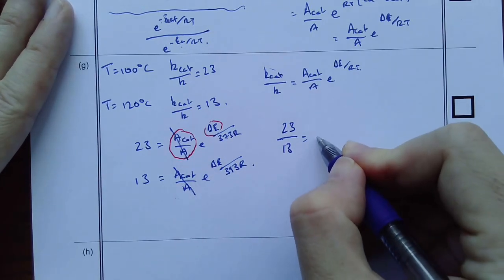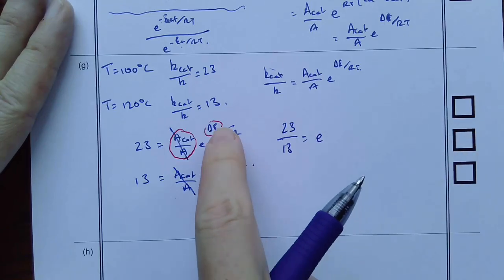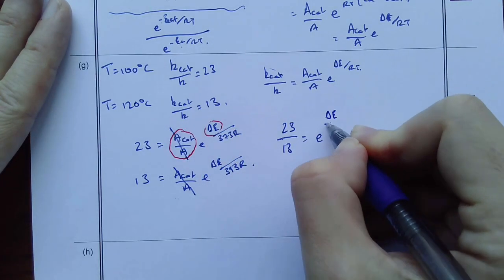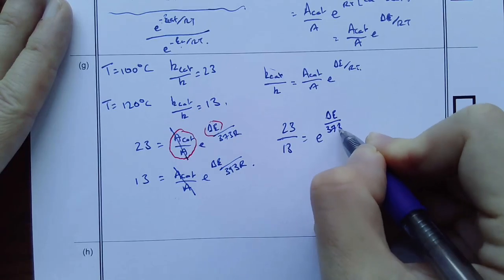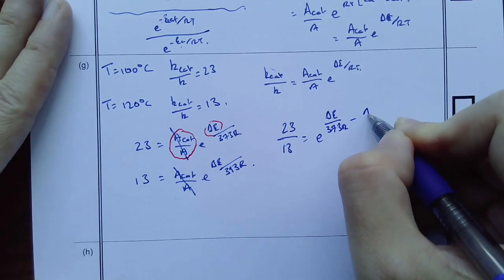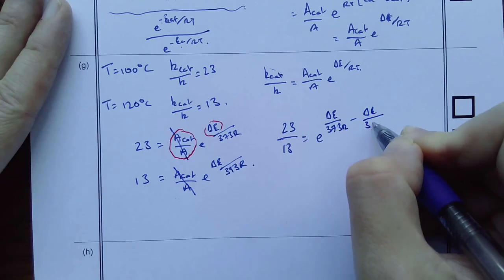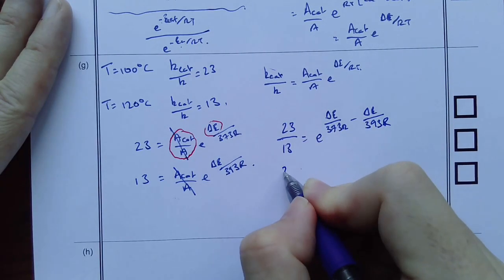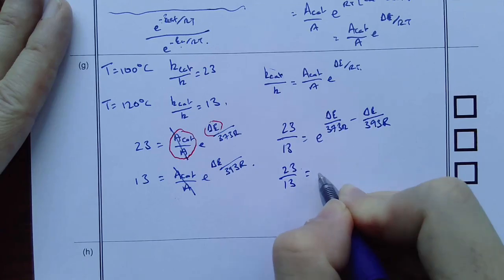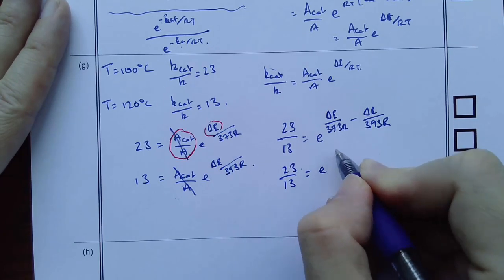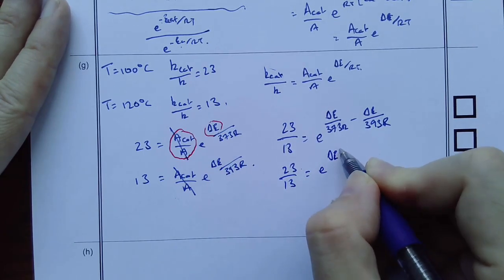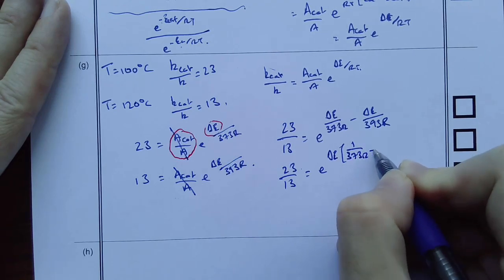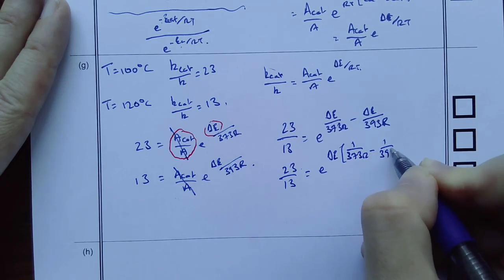And then I get e, and I do this exponent minus this exponent. So it's going to be delta E over 373R minus delta E over 393R. In other words, 23 over 13 equals e to the delta E into 1 over 373R minus 1 over 393R.